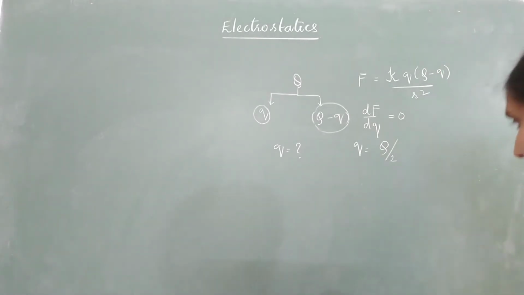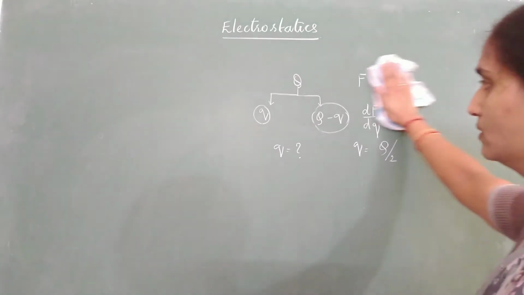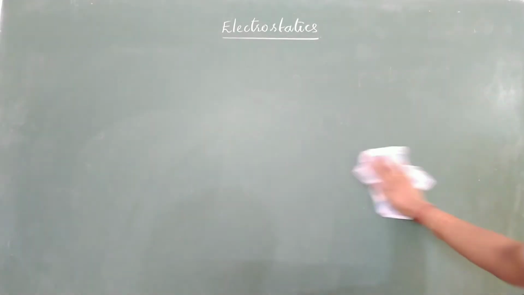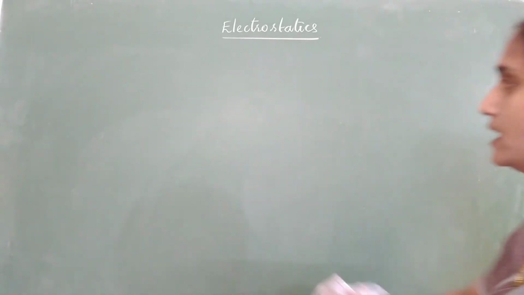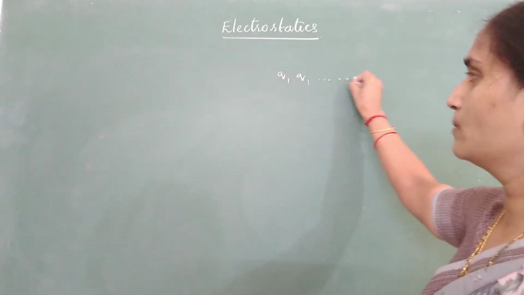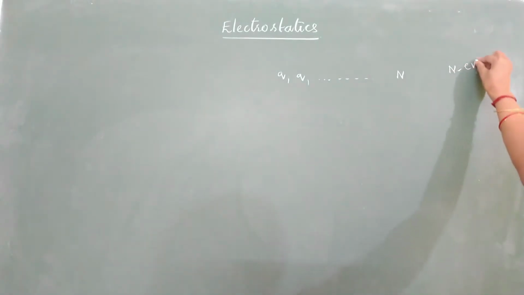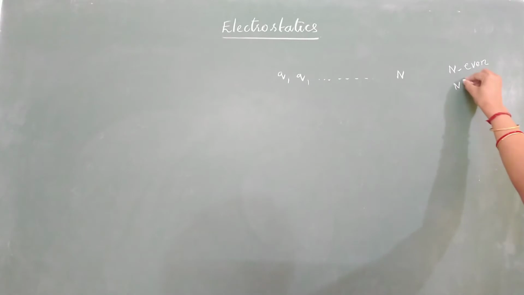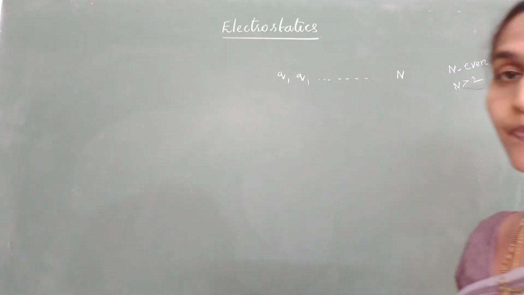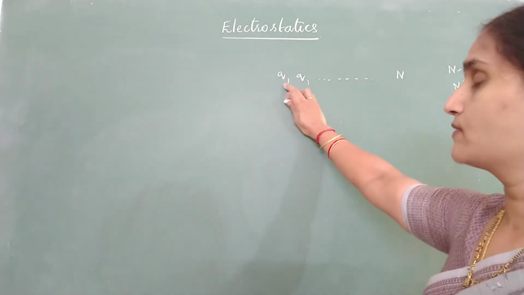And instead of giving a charge divided into small q and Q minus q, sometimes they may give you a large number of identical charges, q, so many such charges up to N, where N is an even number which is much greater than 2. Again I am repeating, we are given a large number of charges, each of charge q.